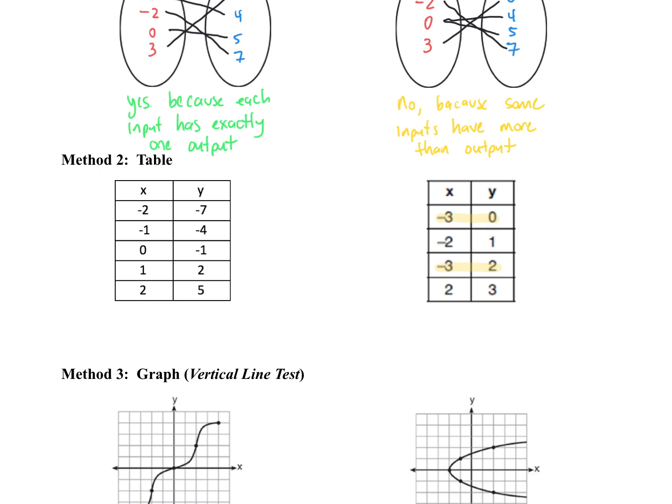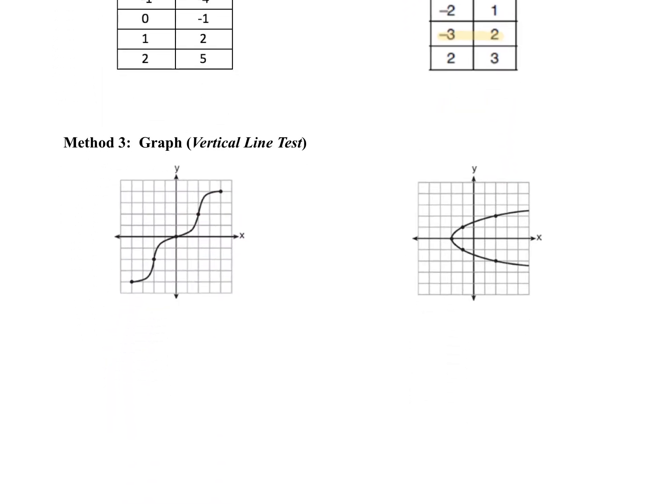And the third method is called vertical line test. Vertical line test is a way to do it graphically to see if it has more than one output. What you're going to do is you're going to pretend that you have a line. I will show you. Let's say you have this line right here. What you're going to do is you're going to take this line and you're going to move it across the graph like this.